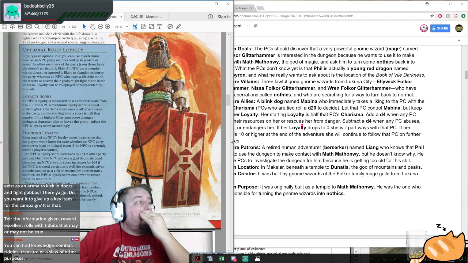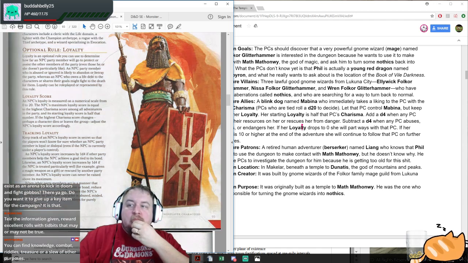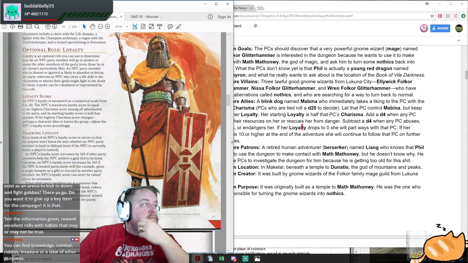And this is a way to track basically like the approval scores in Dragon Age or in other modern RPGs where you have a party and you basically control them in combat, but then through dialogue choices and quest choices, they either approve or disapprove of what you've done. It's kind of the same feeling.